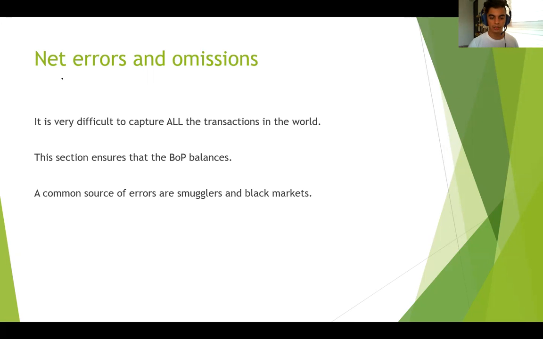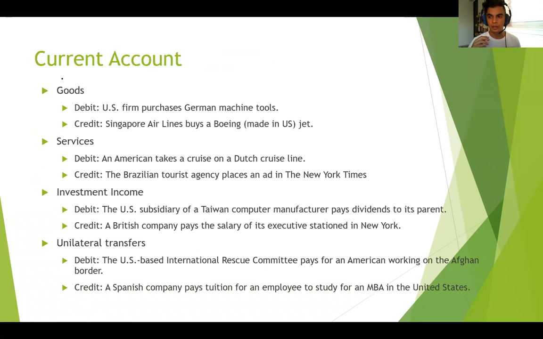Net errors and omissions are transactions that the government can't account for during the year. So during the year, if there is an export or an import of goods and services, the government will notice and will take note of that in the accounting of the country. So maybe if Aeromexico buys an airplane, if an American tourist buys a ticket to Mexico through Aeromexico, or if we buy tools from Europe, things like that, the government will take care of that.